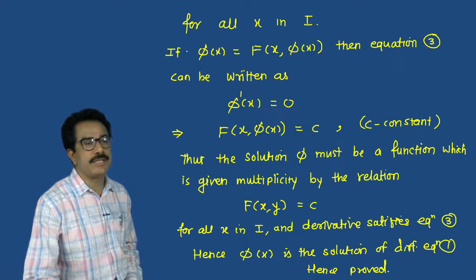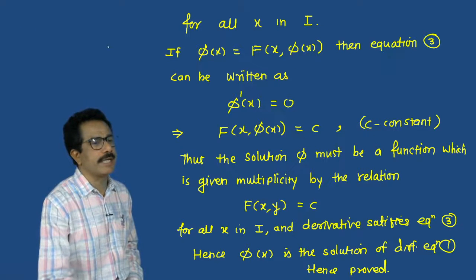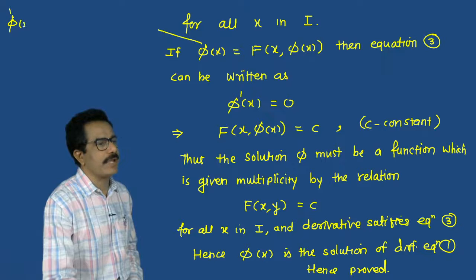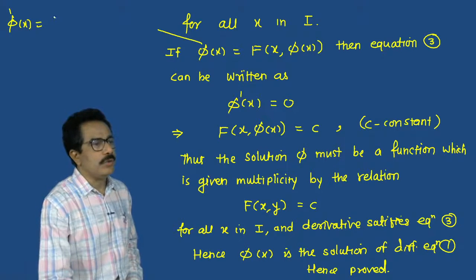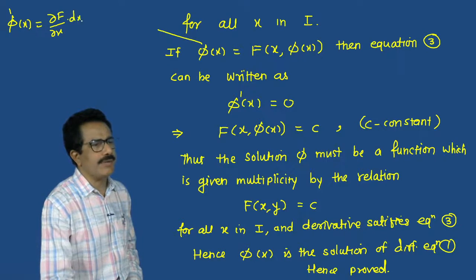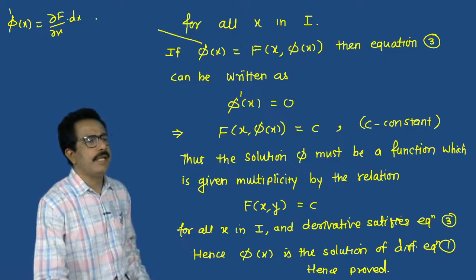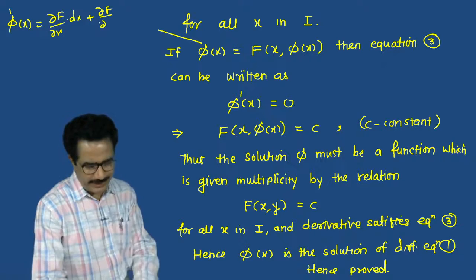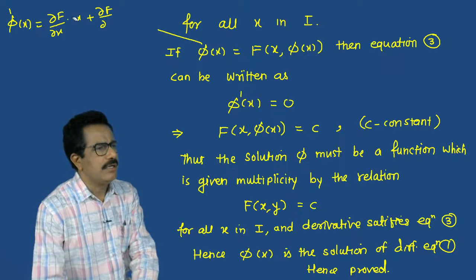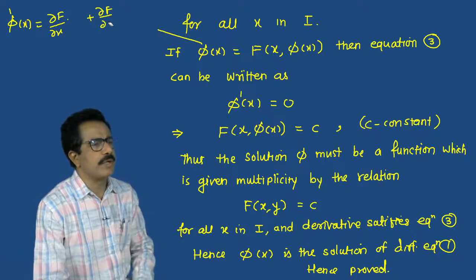If we differentiate this, taking the differentiation of both sides, then phi dash of x is equal to dou f by dou x into dx, where we consider f of x comma y, plus dou f by dou y. Or we can write it in this way also: dou f by dou x plus dou f by dou y.